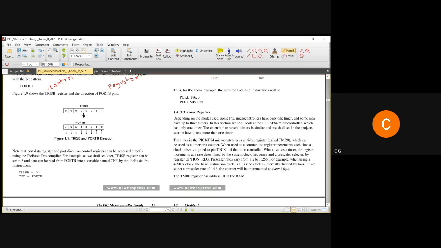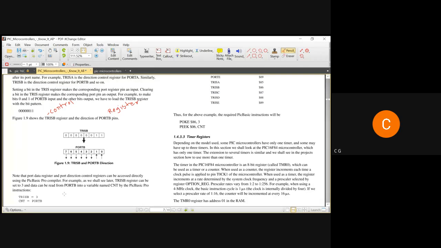And also within that, there are different pins from where the data can be sent from a particular pin. Okay, so here you see how it is done.